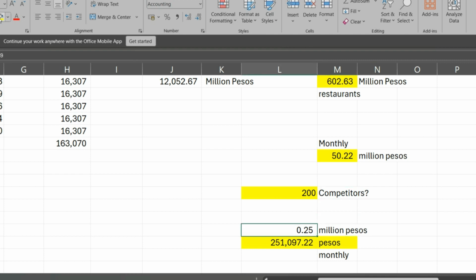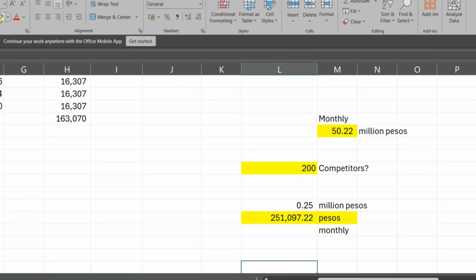Okay? So that will give you more or less your projected sale at least. If all else are equal, in a so-called ceteris paribus case, this should be our revenue. This is the revenue on the average of our competitors monthly. 251,000. So divided by 30 again.